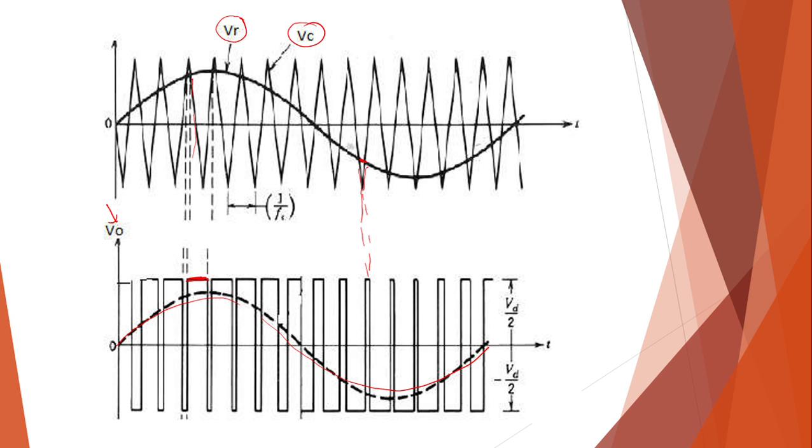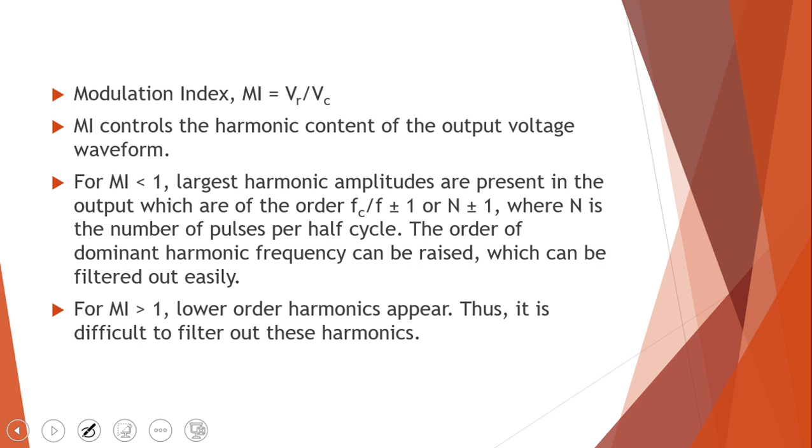Now, as the final topic, you have to study about the modulation index. The modulation index is the ratio of the reference voltage to the carrier voltage. By controlling the modulation index, you can control the harmonic content present within the particular output waveform.